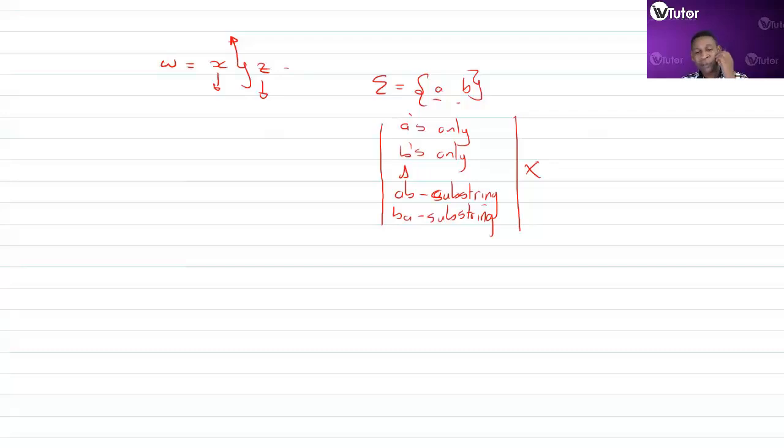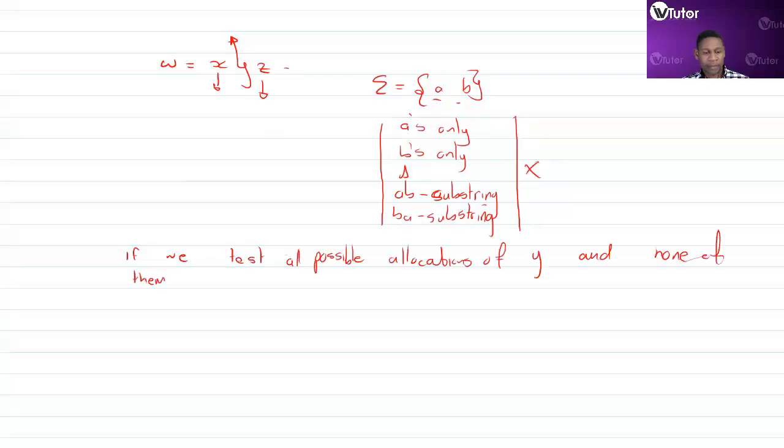So if we look at it from that perspective, then we can test for Y. Say we choose to test for Y. If we test all possible allocations of Y, and none of them leads to this word x y to the power of n z being an element of the language, then the language is not a regular language.